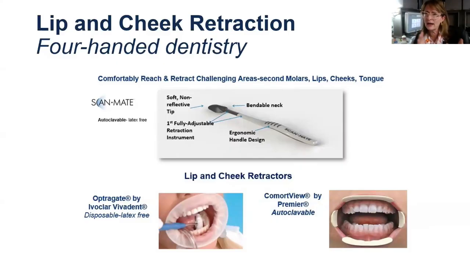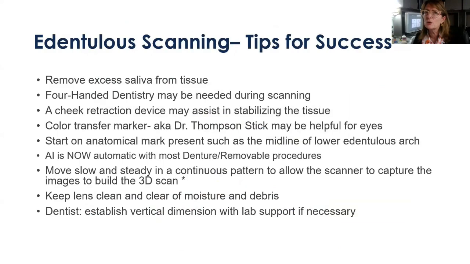And it's a fine line, right? You want to capture all of the data, but you don't want to overstretch and over retract the muscles. So what are a few tips, a few pearls for success in scanning the fully edentulous intraoral patient? One, I'm going to load myself up with some 2x2s. I usually have them attached to the patient napkin clip.